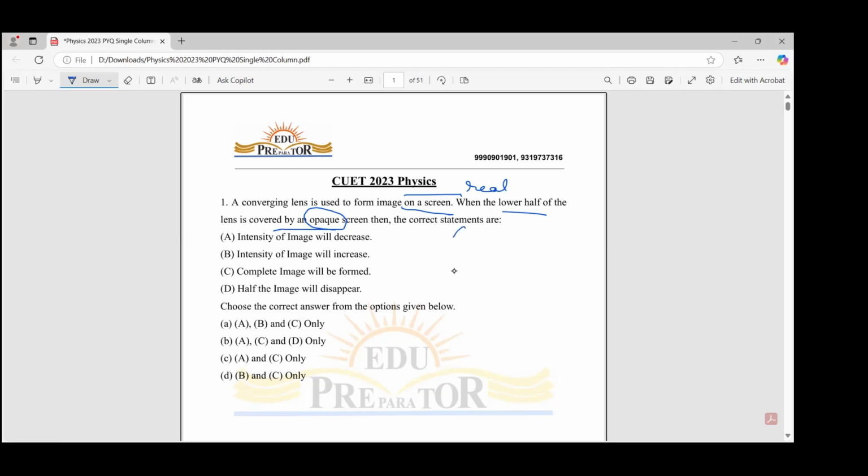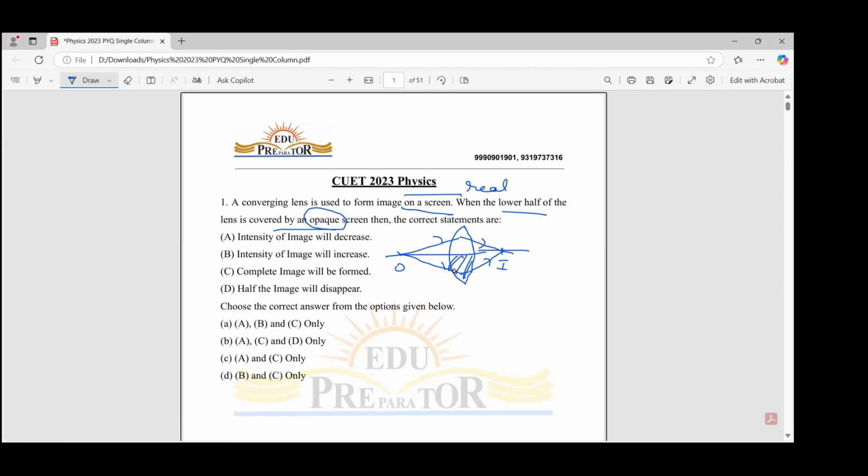Now, if we move with the general ray diagrams, we find that the ray goes straight and will meet at the focus because it is a converging lens. So this is the reason for the formation of image I of object O. The question says, if I cover this area, we can easily see no light will pass through the lower area.